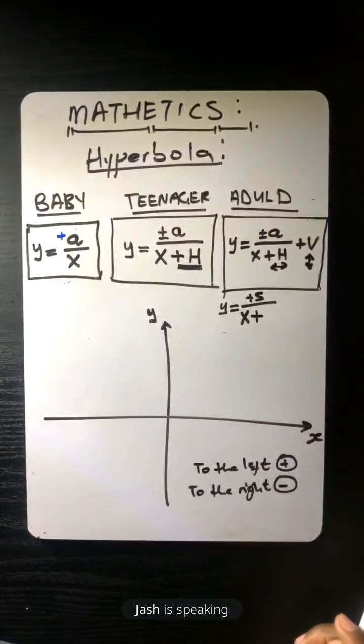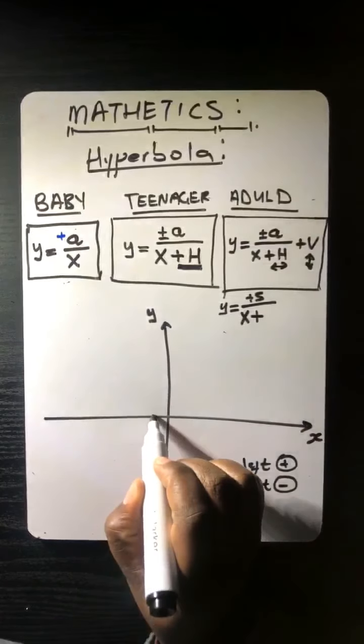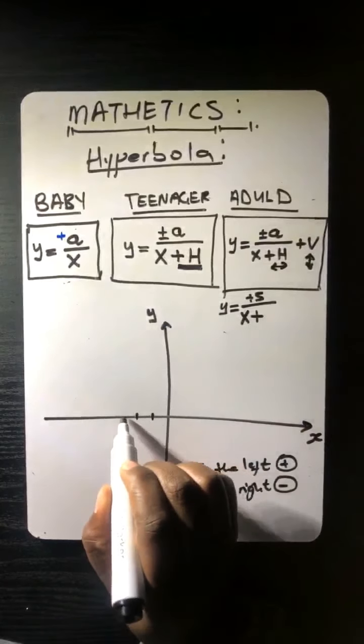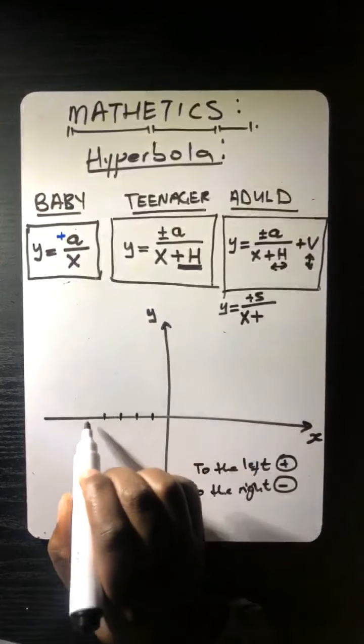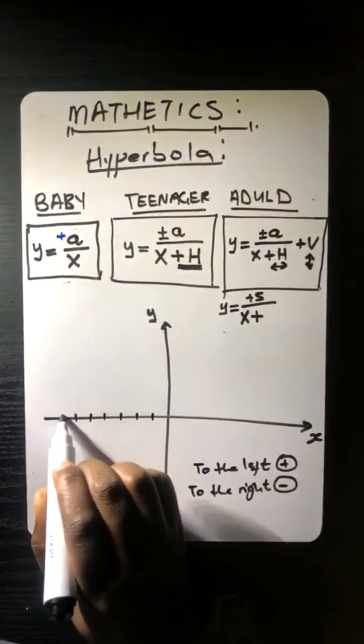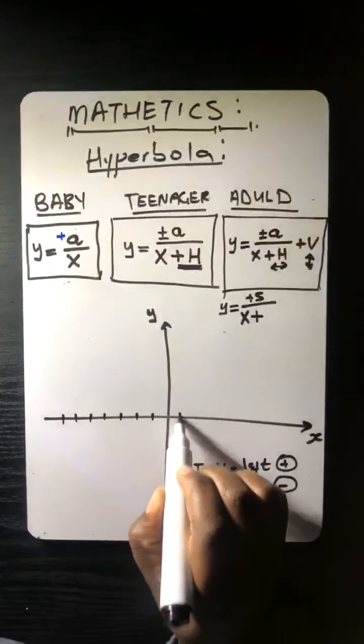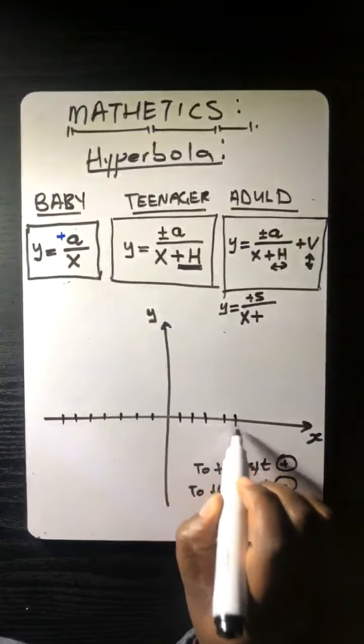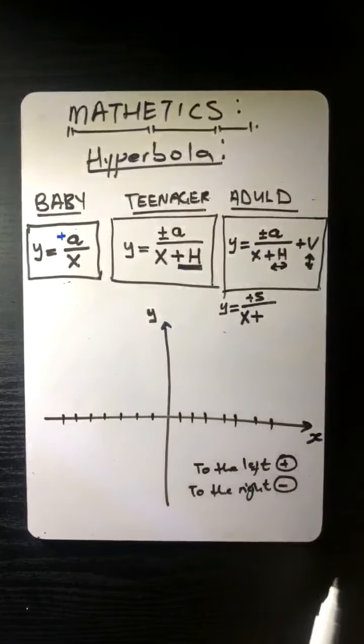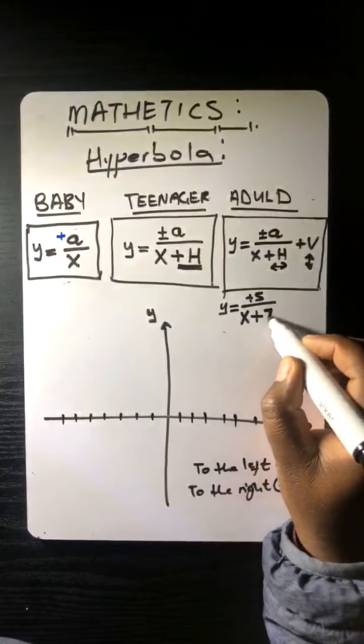By 7 units. Hey, that's far, Shreyas. But let's force it. 1, 2, 3, 4, 5, 6, 7. Okay, at least it's going to fit. 1, 2, 3, 4, 5, 6, 7. So that means we are going to have 7 there.